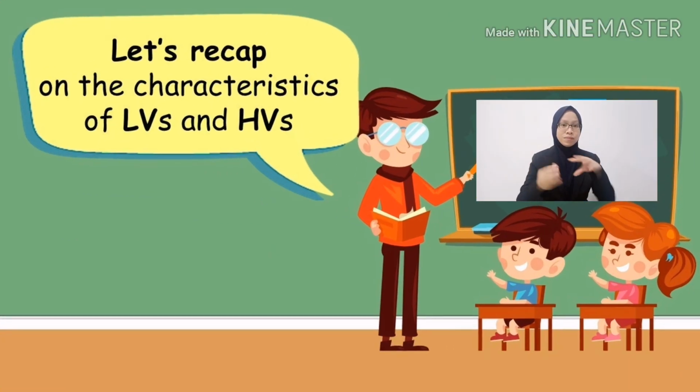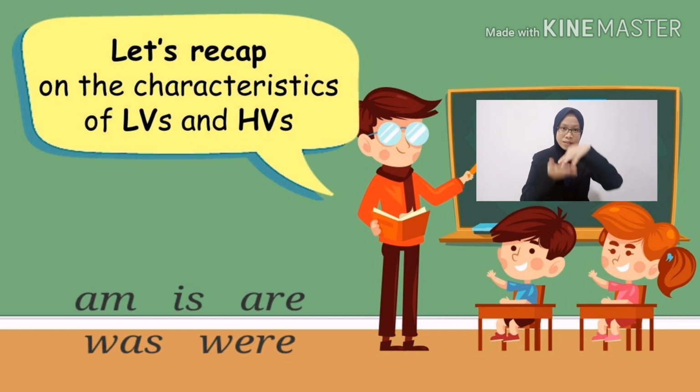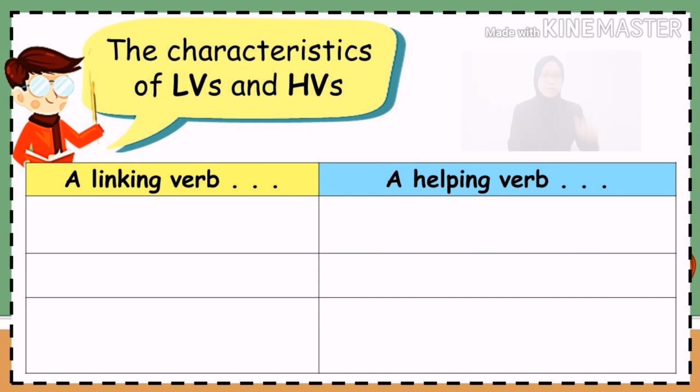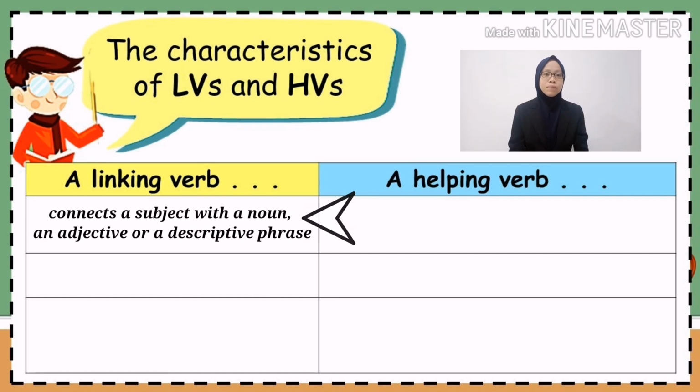Before we end the lesson, let's recap on what we have learned today. Linking verbs and helping verbs are types of verbs that we need to know in writing stories. A linking verb connects a subject with a noun, an adjective, or a descriptive phrase.